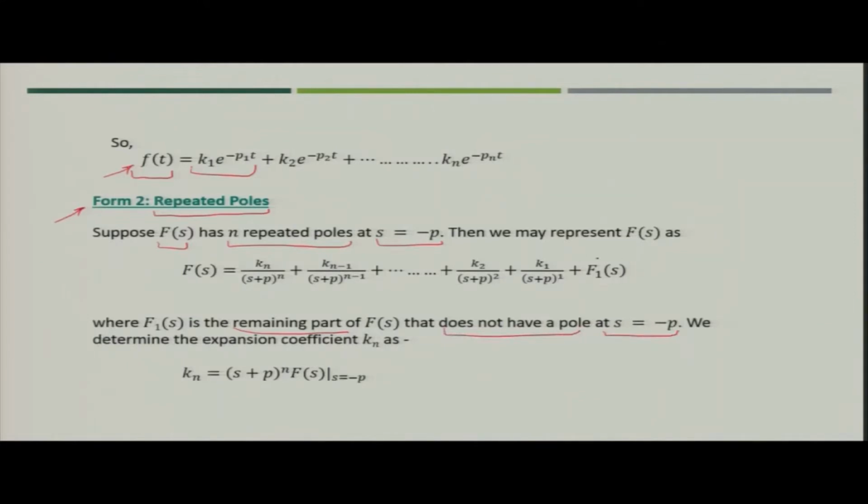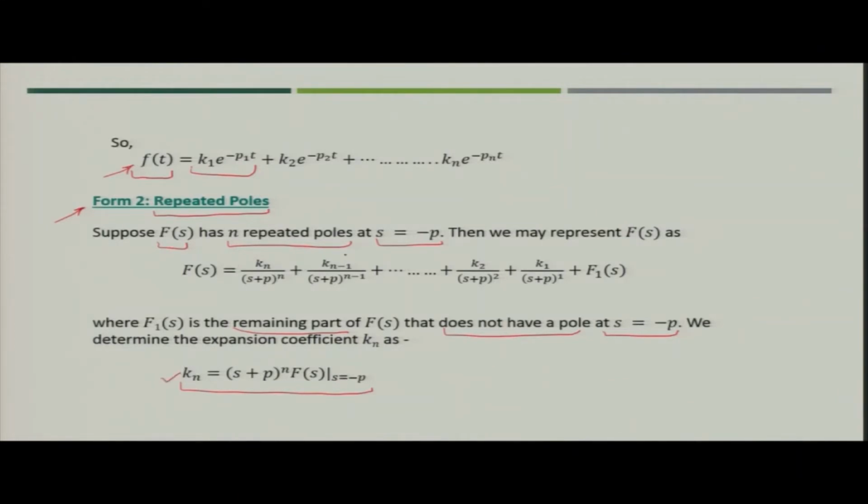So, this is the remainder of the Laplace transform which is not represented in this particular form. Now, as we did in the previous case, in this case also we can find the value of K_n. K_n would be found if you multiply (s plus p) to the power n on both sides and put s equals minus p; you will simply get the value of K_n.